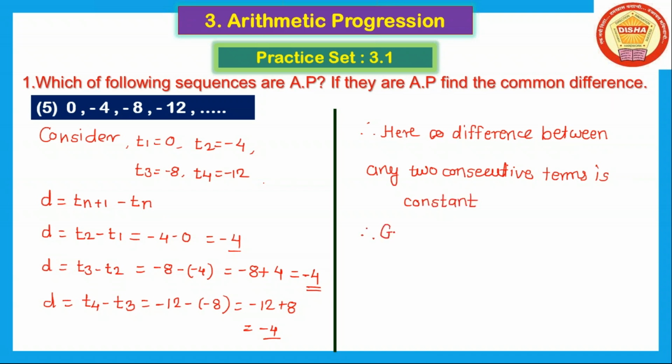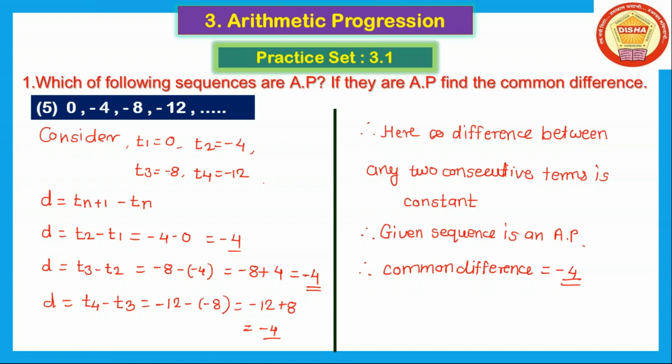Therefore, given sequence is an AP. Okay. Therefore, again we write here common difference is equal to negative 4. This is our final answer. Okay.